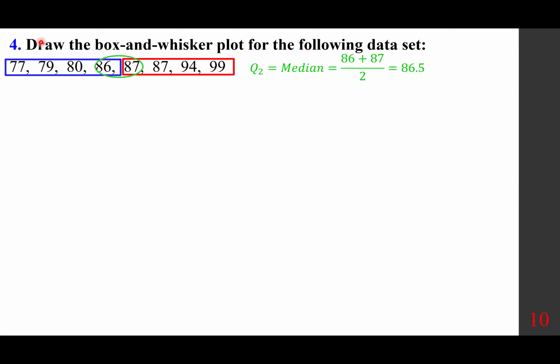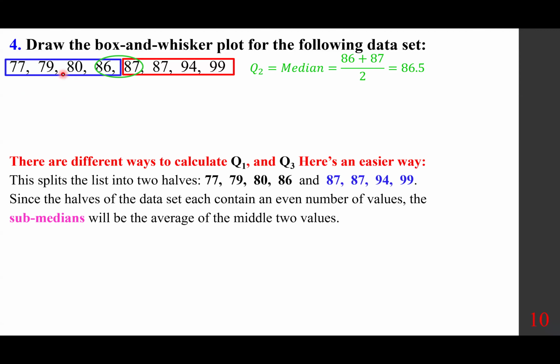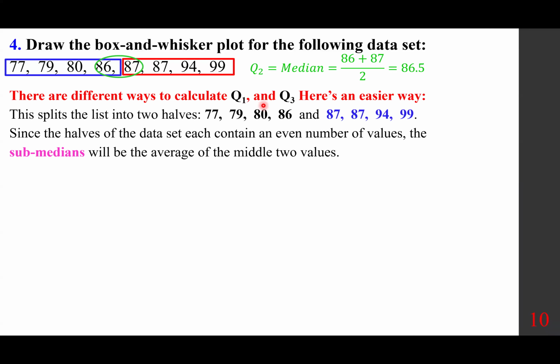The bottom half has 4 pieces. The median is between these two numbers. So there are different ways to calculate Q sub 1 and Q sub 3. Here's an easier way. This splits the list into two halves, 77, 79, 80, and 86, and 87, 87, 94, 99.